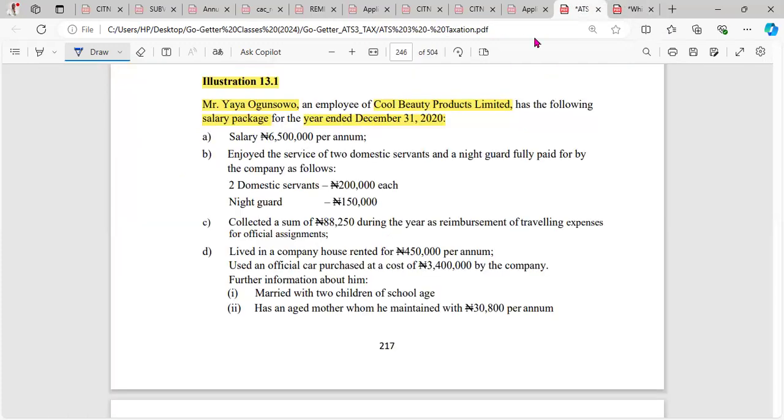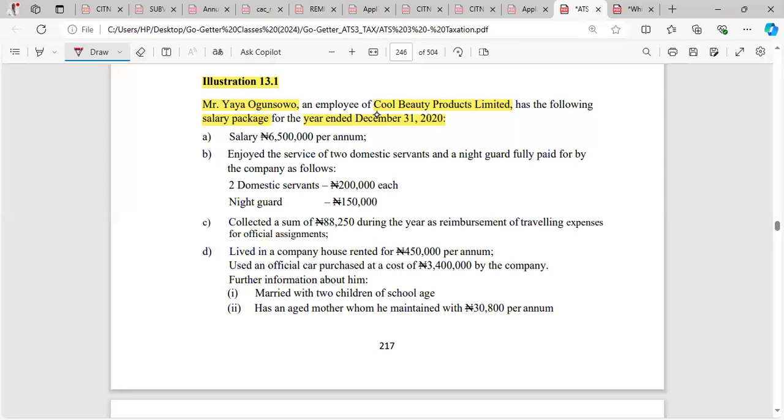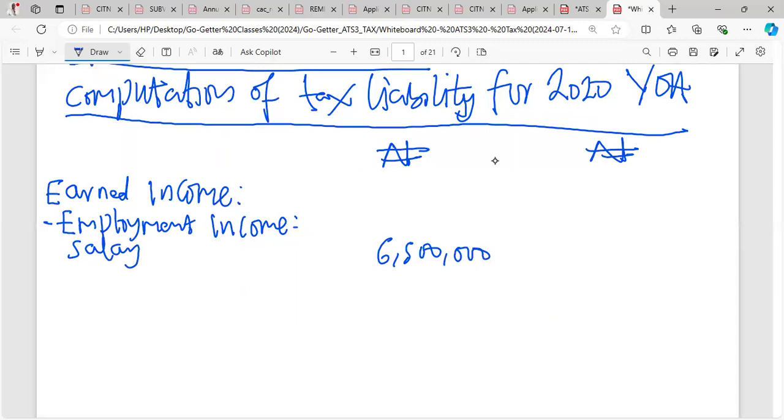Okay, the next thing again, so that means we've done this. Salary 6.5 million is done. He enjoyed two domestic servants and a night guard. Now, these are benefits in kind. So we come here, benefits in kind.